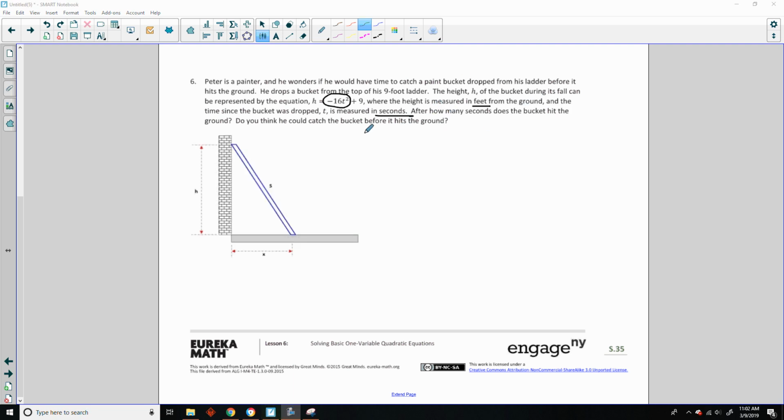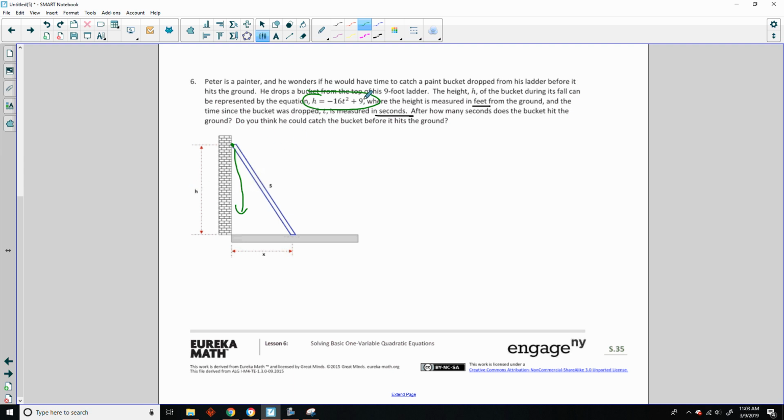Okay, so I drew a diagram here. So the bucket would be right here, okay, and it's going to fall. All right, so it says the height of the bucket during its fall can be represented by this equation, where the height is measured in feet and the time since the bucket was dropped, t, is measured in seconds. After how many seconds does the bucket hit the ground?